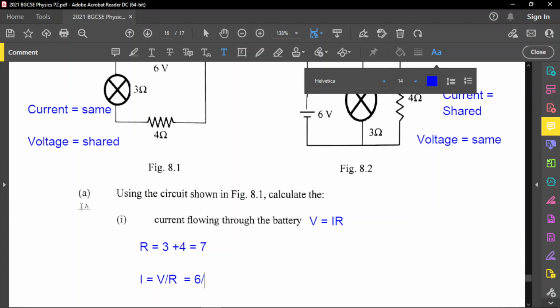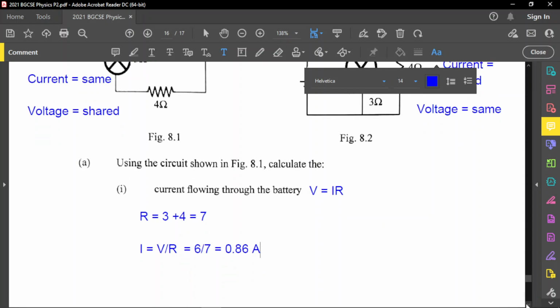So 6 divided by R, which is 7, and what we get here is 0.86 amperes. So that there is the current through the battery.